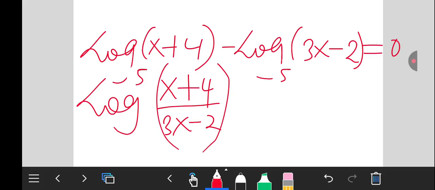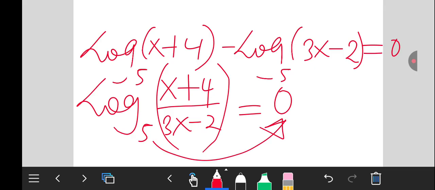Okay, then the same base, that is 5, the base 5 is equal to 0. You can take now this 5 to this side. In short, you change it into an exponential equation. So 5 to the power 0 is just 1.